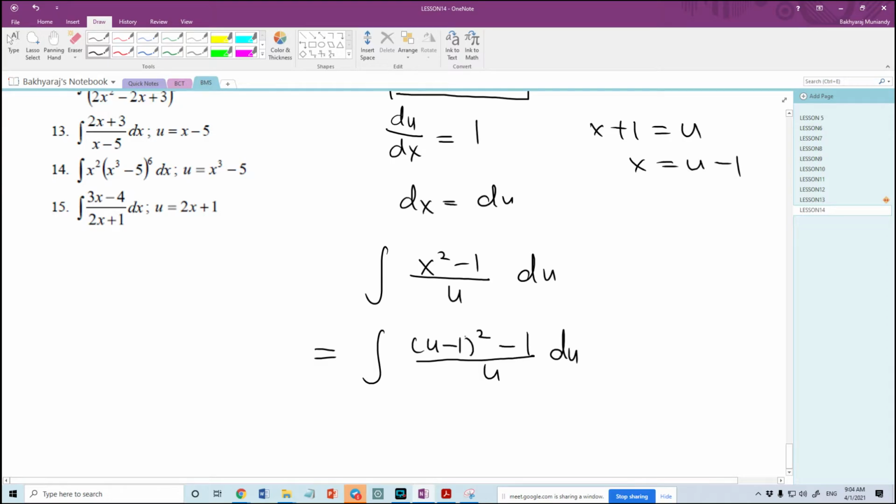We have no other choice, because we need to expand this. Kalau kita expand, kita akan dapat u minus 1, u minus 1. When you expand, you get u square minus u minus u become minus 2u, negative negative, positive 1.